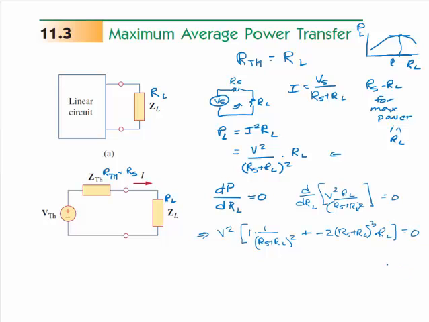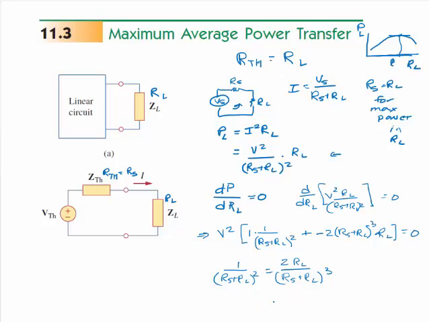So the V squareds go away. I do a little algebra, and I have 1 over Rs plus RL squared equals 2RL over Rs plus RL cubed, and manipulate this a little bit more.